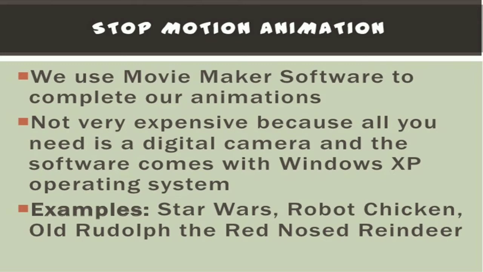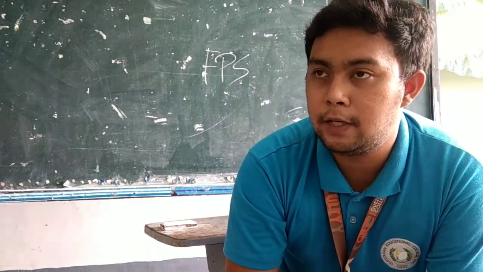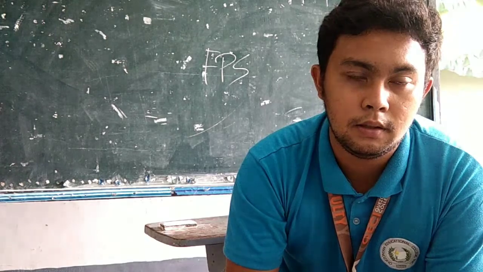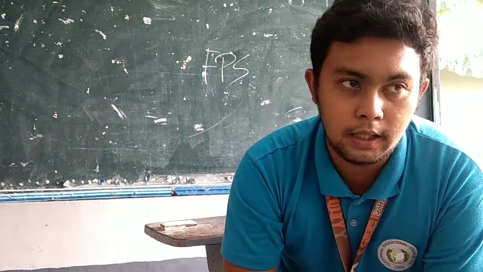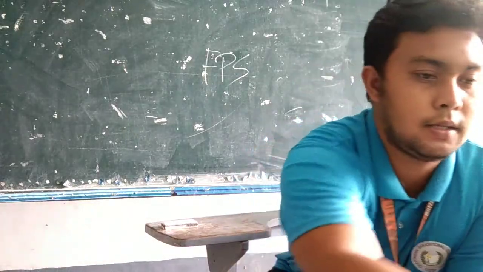Now, the examples of stop motion animations are Star Wars, Robot Chicken, Rudolph the Red-Nosed Reindeer, also Shaun the Sheep. And also analyze the difference between these three animations for you to understand more about their differences.